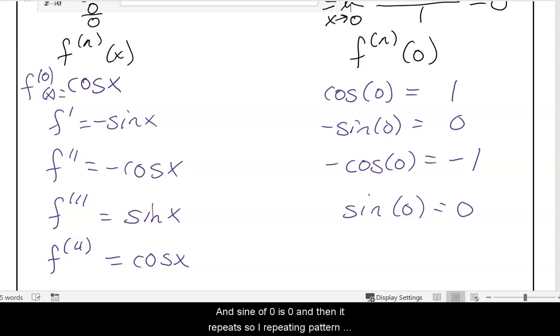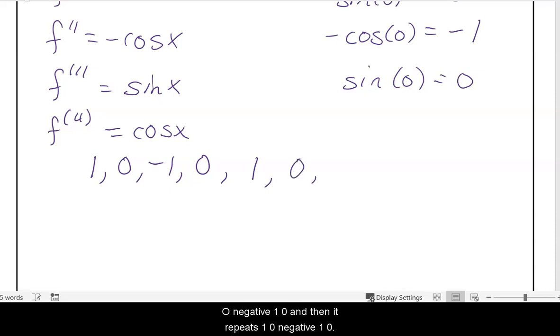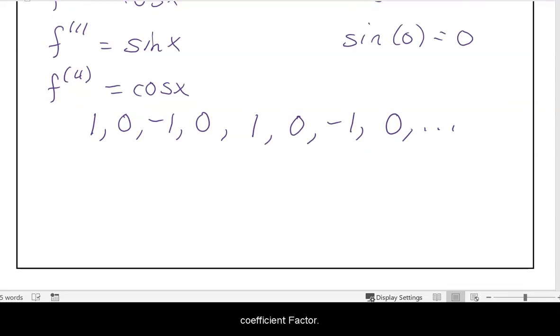So our repeating pattern is 1, 0, negative 1, 0. So I'm going to write that here, 1, 0, negative 1, 0, and then it repeats, 1, 0, negative 1, 0, and it goes forever, right? That's the numerator of the coefficient factor.